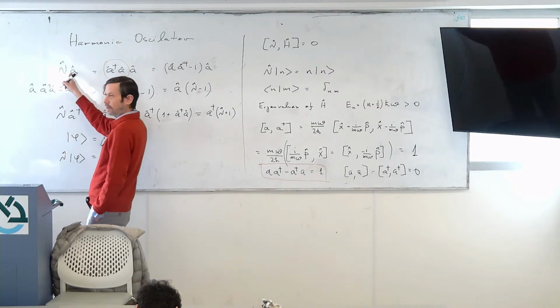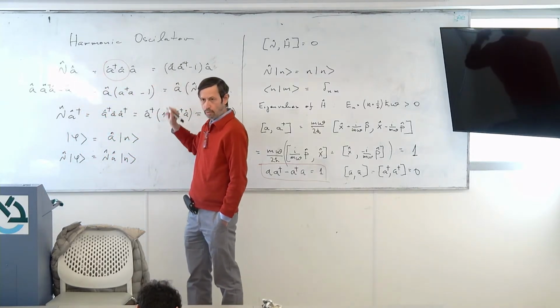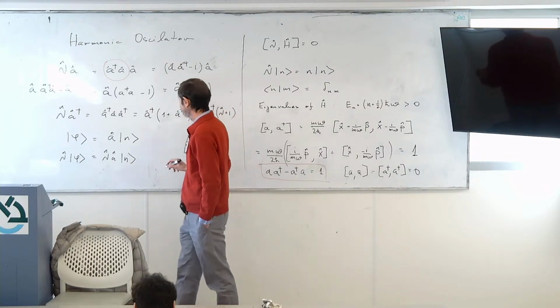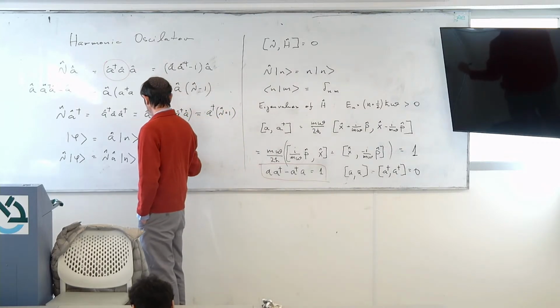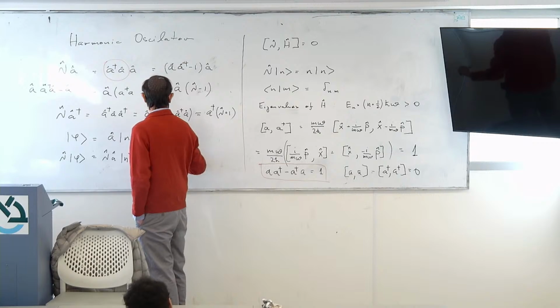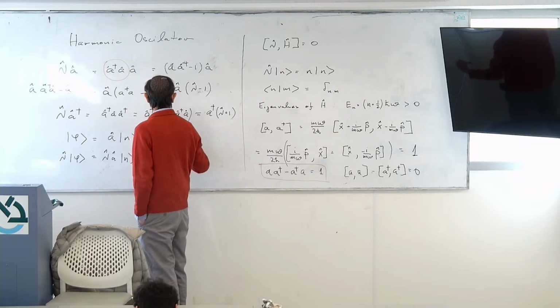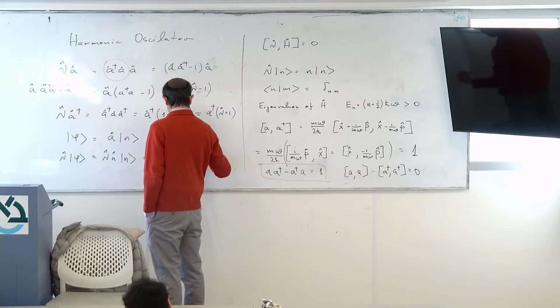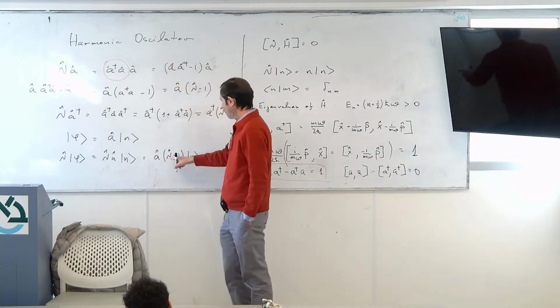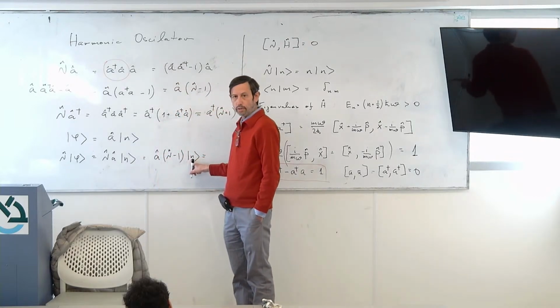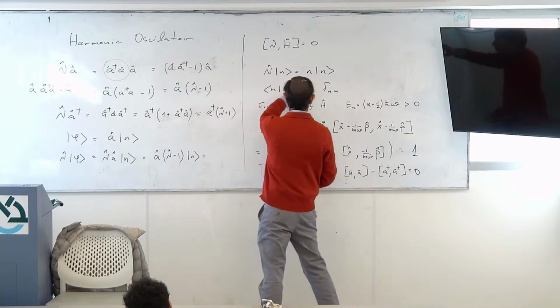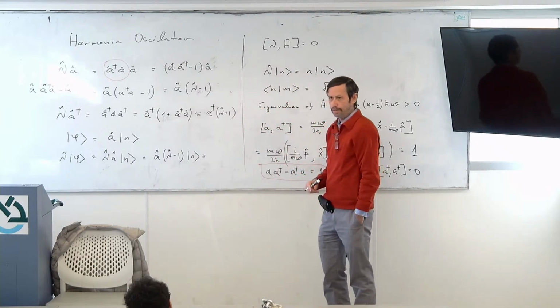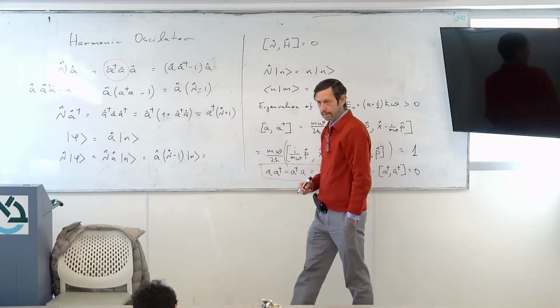Oh, but this guy, we know what it is. Okay, n that operates on n gives me n times the vector.